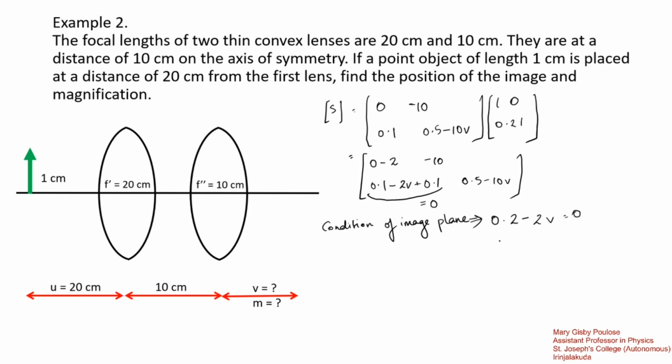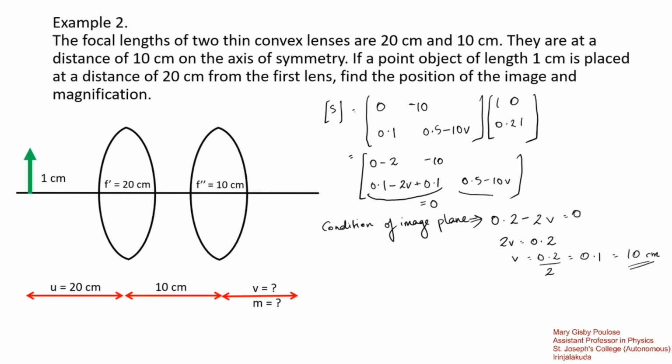That implies 2v is equal to 0.2 and v is equal to 0.2 divided by 2, which is 0.1. That is 10 centimeters. Okay.